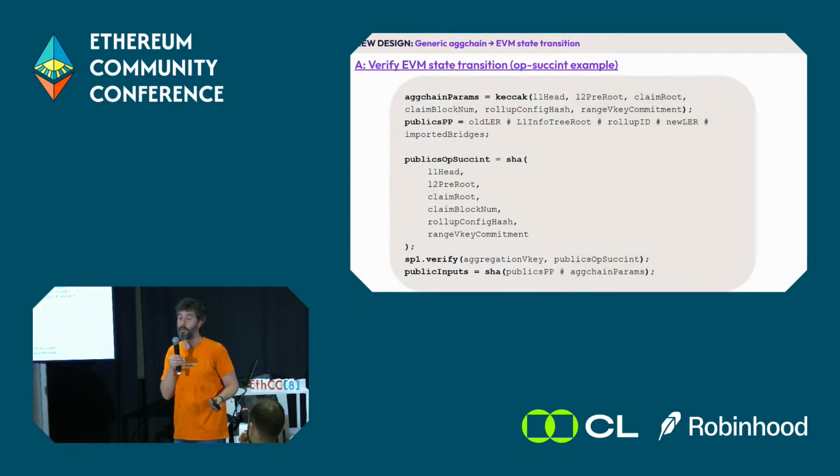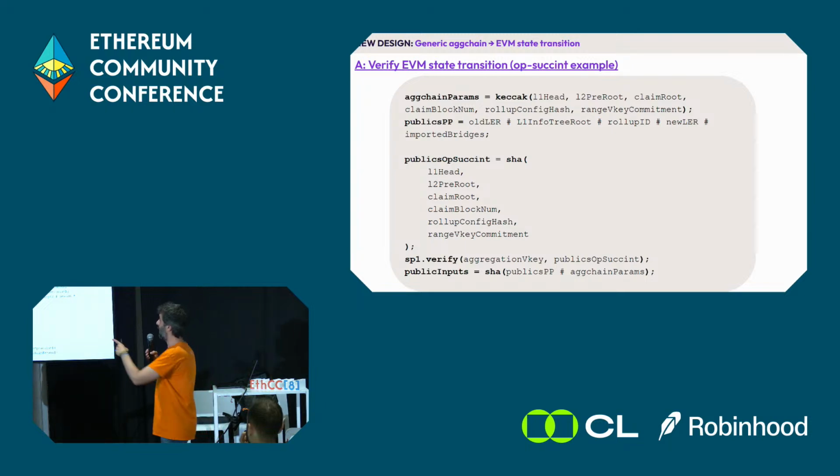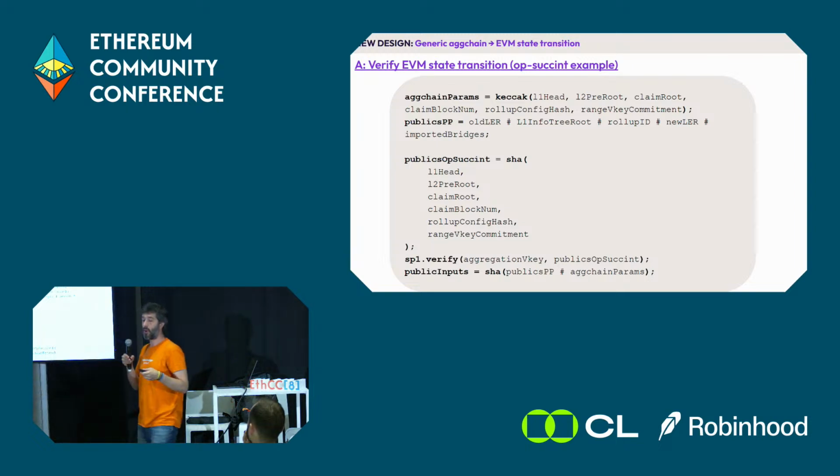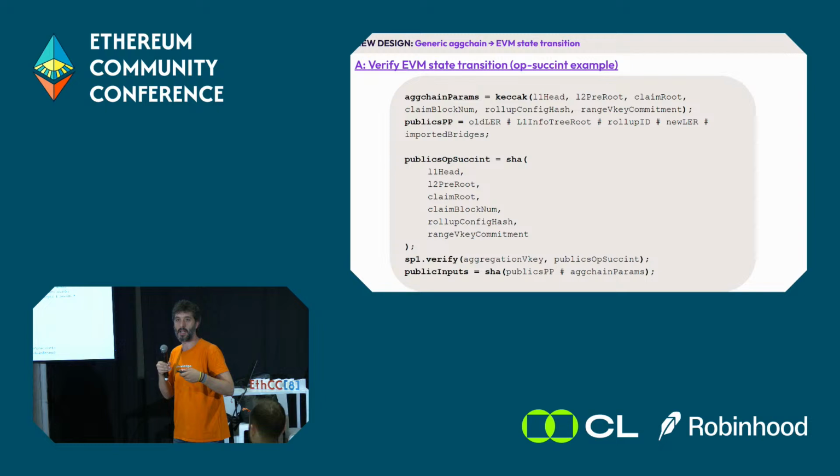So let's see one example, how to verify this EVM state transition on the action program. I would say that the code is not super complex, and this is the action program. Inside the action program now, we provide all the necessary public inputs in order to verify this EVM state transition.